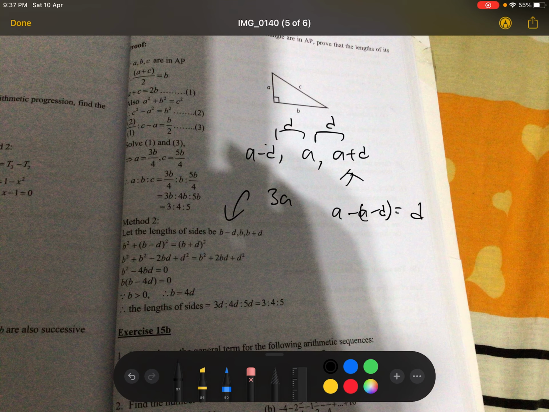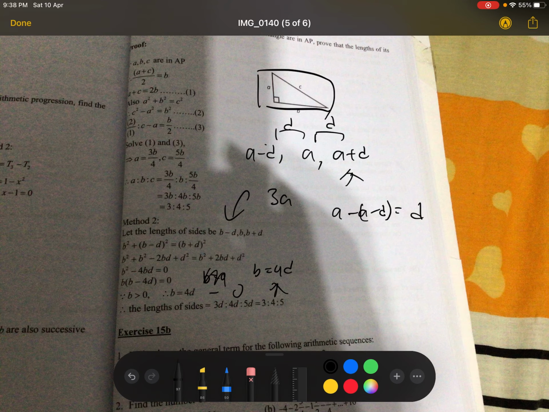Then you square it out. So when you square it, then after that you will do the equation. Then you will get b equals 0 or b equals to 4d. But you know, in a triangle, your length cannot be negative, it cannot be 0, because if your length is 0, then your side isn't there, if you get what I mean.